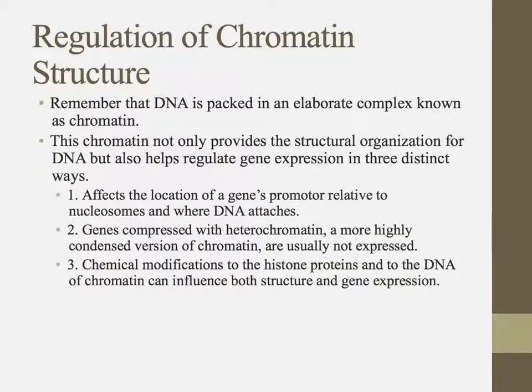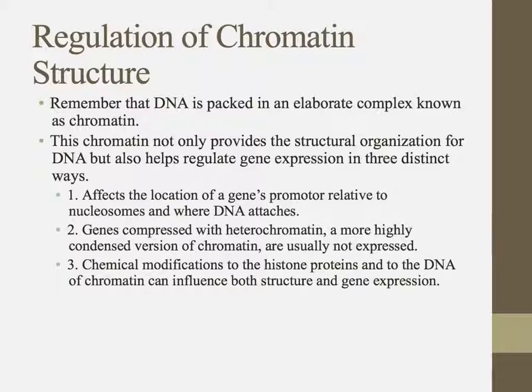Regulation of chromatin structure. Remember that DNA is packed into an elaborate complex known as chromatin. This chromatin not only provides structural organization for the DNA, but also helps regulate gene expression in three distinct ways. The first way is that it affects the location of the gene's promoter relative to the nucleosomes where DNA attaches.